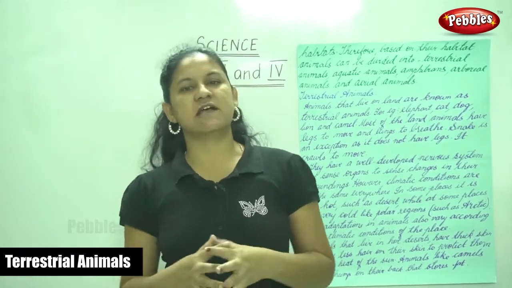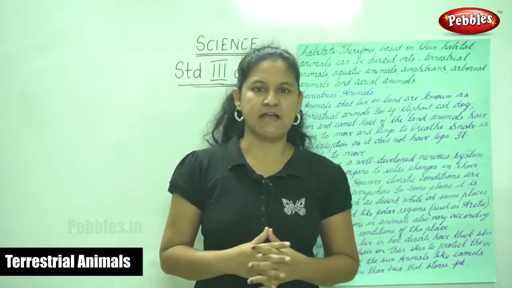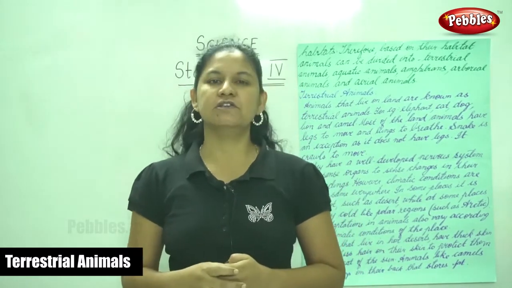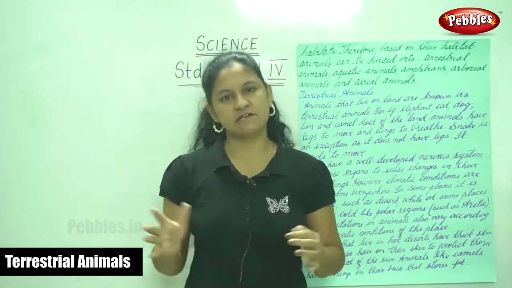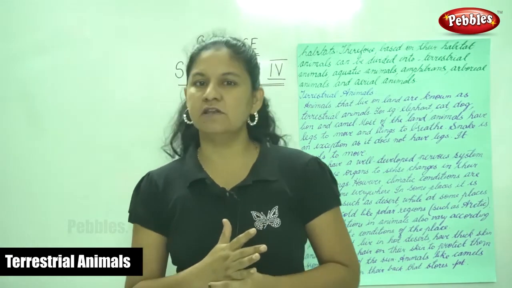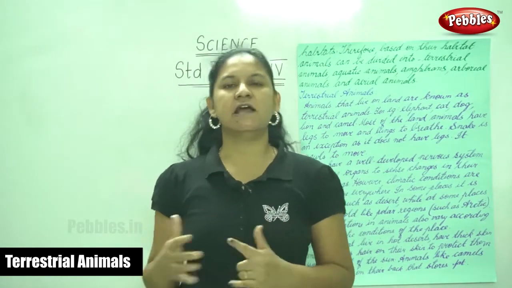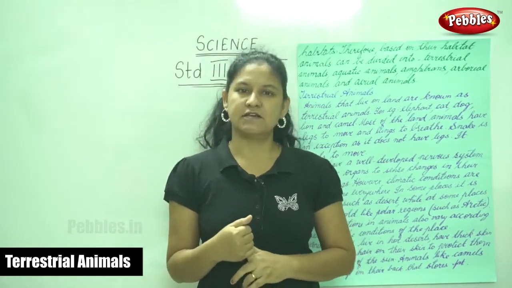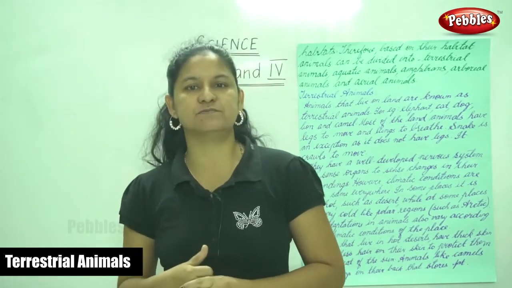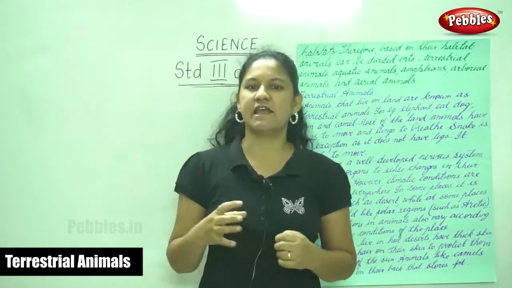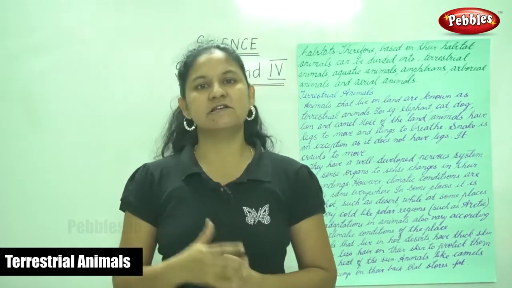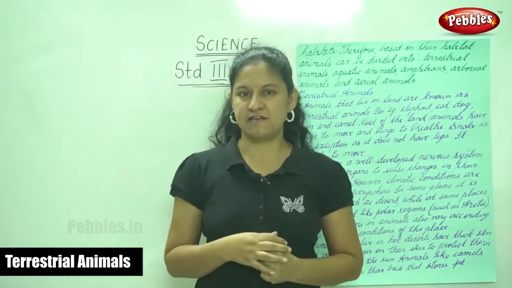So every side that we turn, we see animals, and animals adapt themselves according to the environment in which they survive. There are certain animals that survive in cold countries, and certain animals like the camel that survive in the desert, and it has a hump on its back in which it stores excess water to use for later, and hence it is known as the ship of the desert.